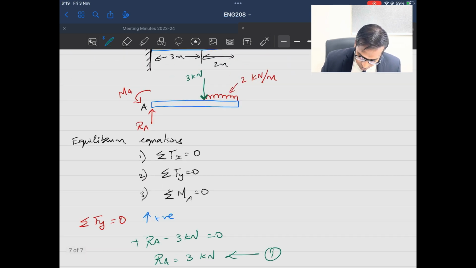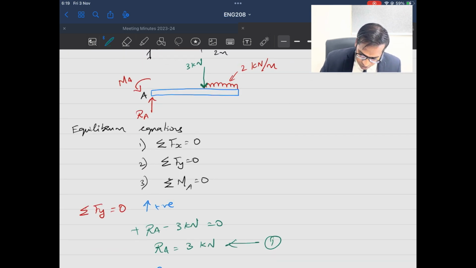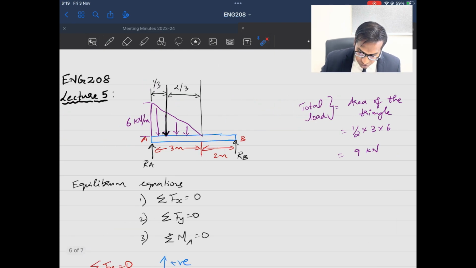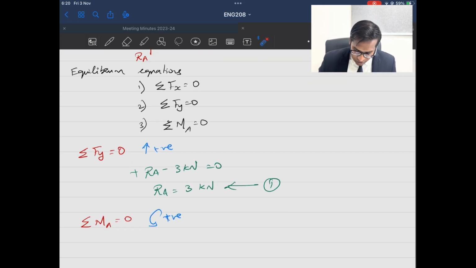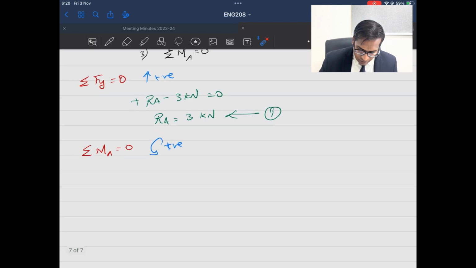So far, when we considered moments at point A in simply supported beams, there was no reaction moment, and because of RA there is no moment happening at A. But in a cantilever beam we have a reaction moment, please understand that. We definitely have to include this in the moment equation, and it is in the anti-clockwise direction, so I will take MA as positive.